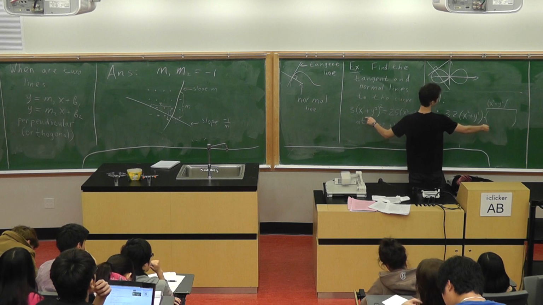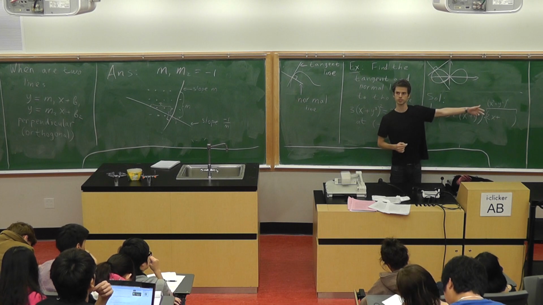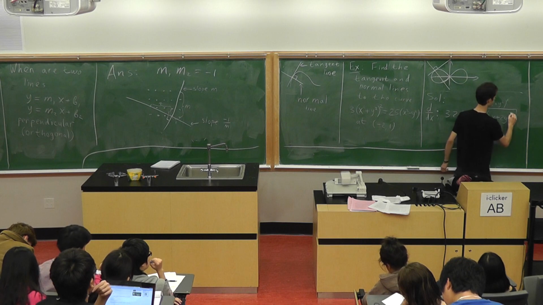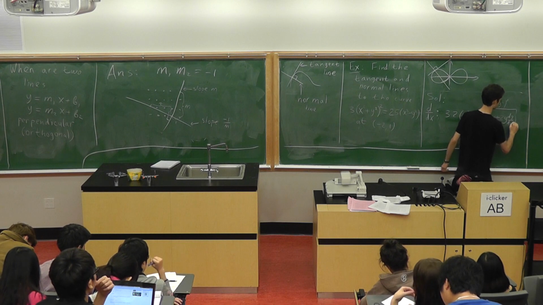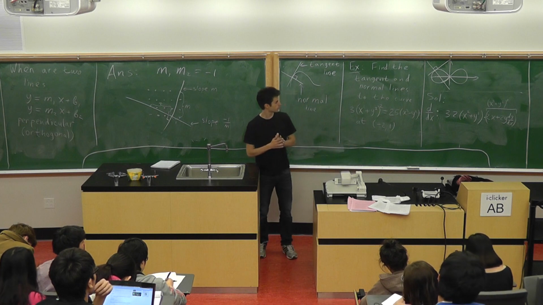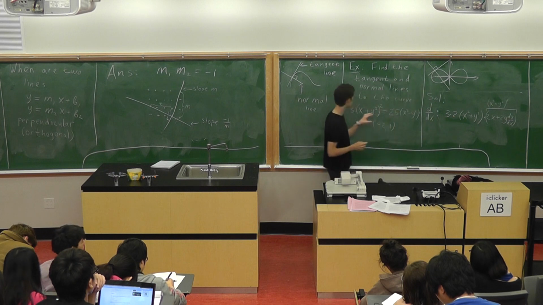Derivative of x squared is 2x. Derivative of y squared is 2y times the derivative of y itself. Okay, so that was the derivative of the left side.